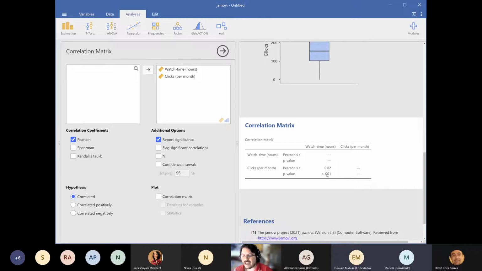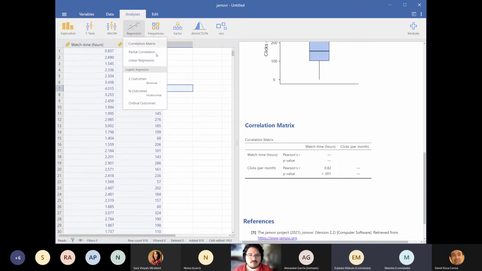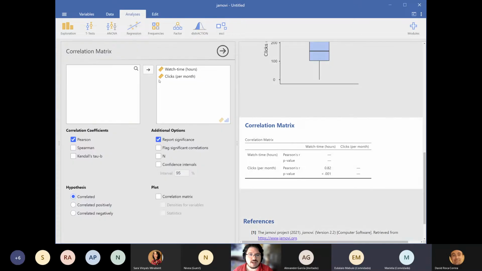Now, because I really want you to do this, if you didn't open the file, please open it. Have these two columns open. Then go to analysis, regression, correlation matrix. I really want you to select these two variables, and hopefully you can have this table so we can see a bit more about it.